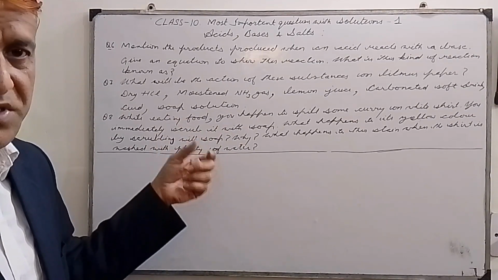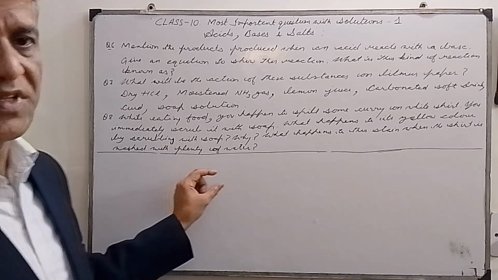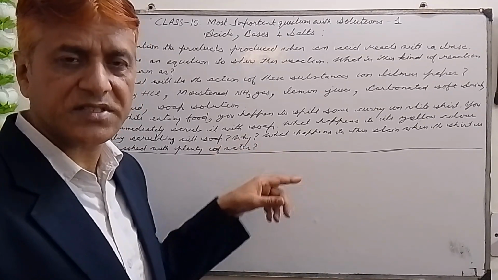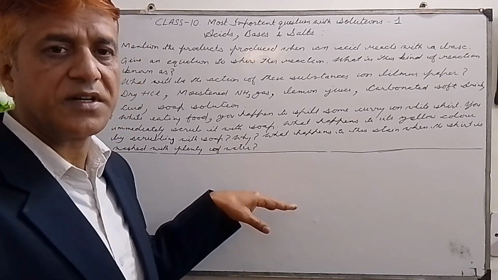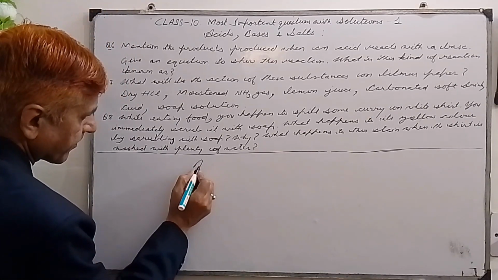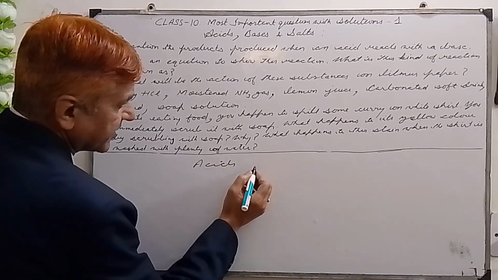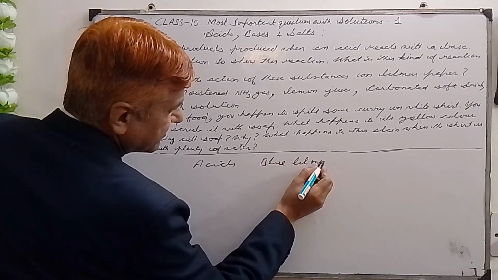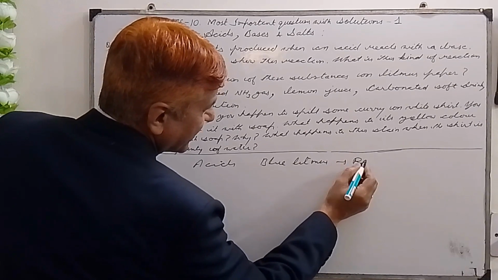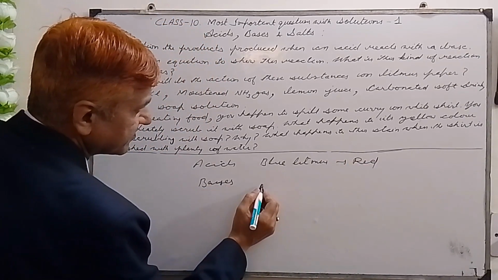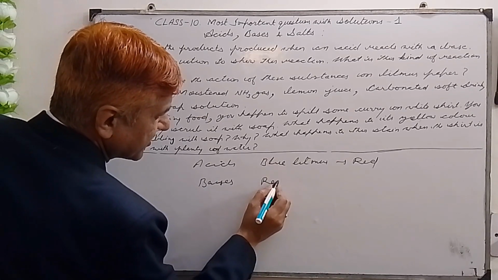My dear students, always remember that acids turn blue litmus red, and bases turn red litmus blue.